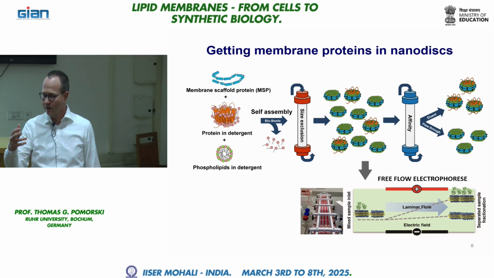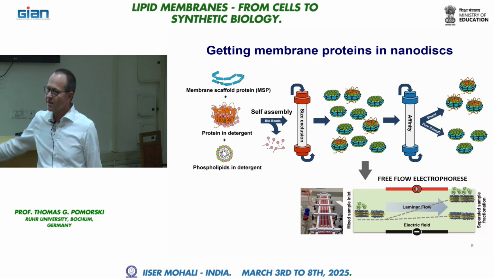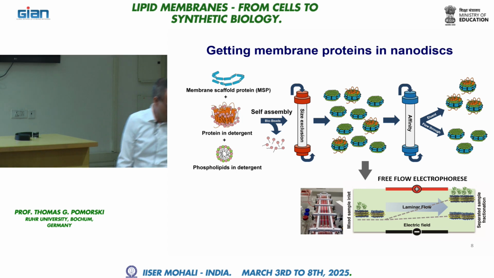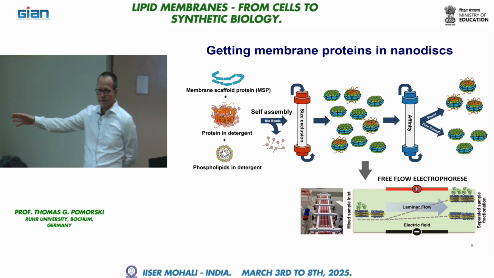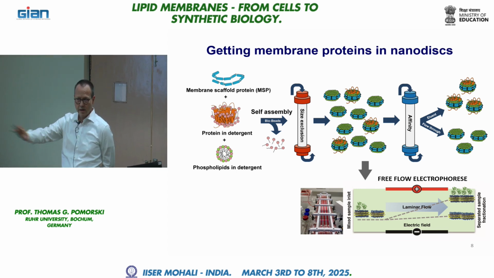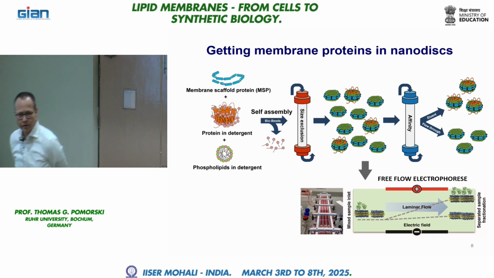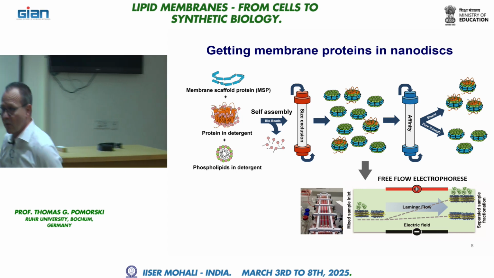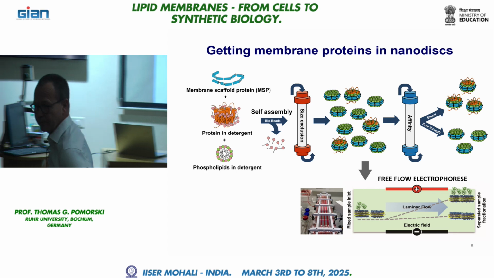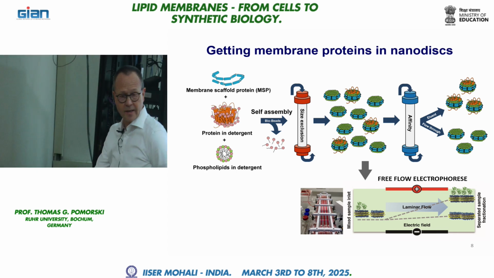Exactly. There is a force. So, if I'm now the charged particle, and in the moment there's no voltage, meaning no electric field, I would just move in the chamber with the flow. It's a constant flow that drives me in the end to this side. And I will come out on that side.